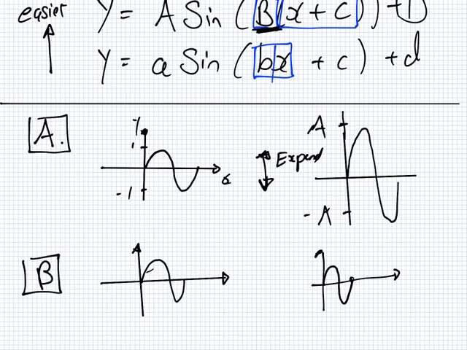So for example, if a is 2, then it's twice as big. But here, if the b was 2, then it's half as long. That's the effect of the b. You should be writing all of this down now. It's useful to know.